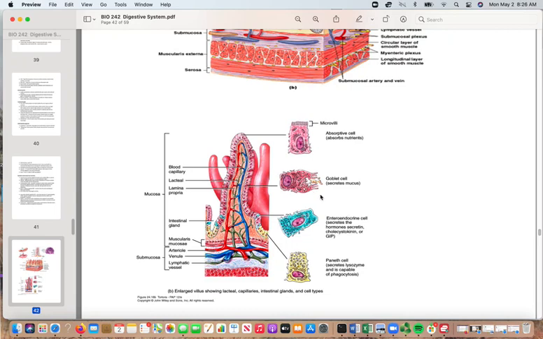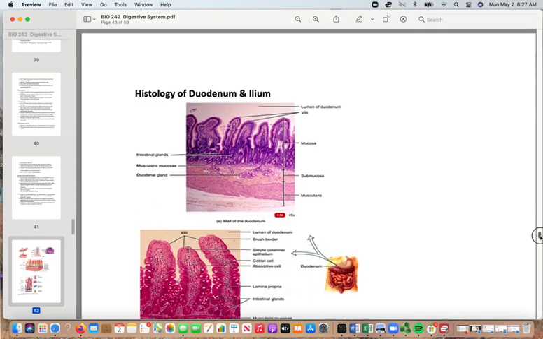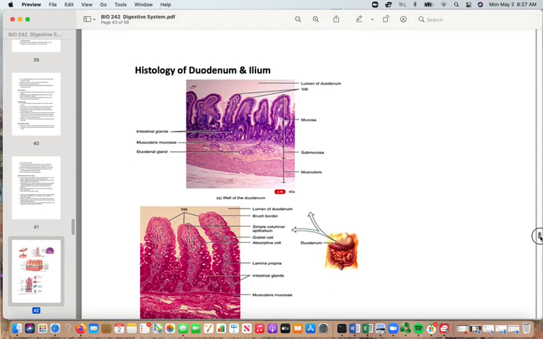And here you can see the different cells in here, the absorptive cells, the goblet cells, the neuroendocrine cells, and the Paneth cells. So these are some actual microscopic pictures of it where you can see the different cells and layers.